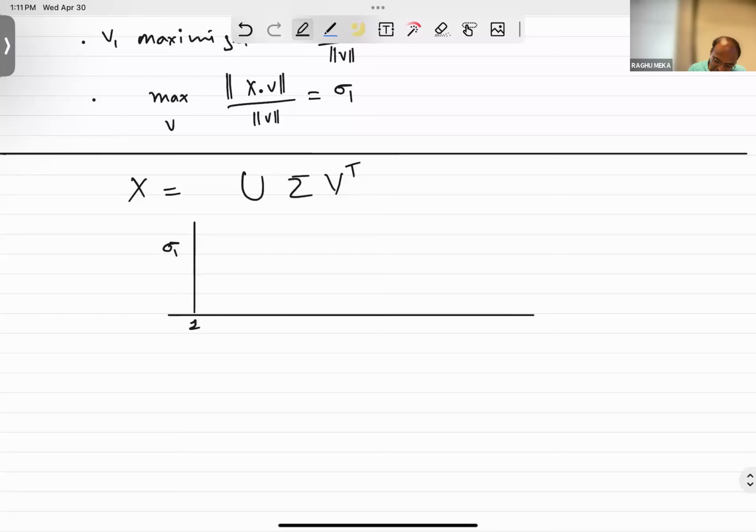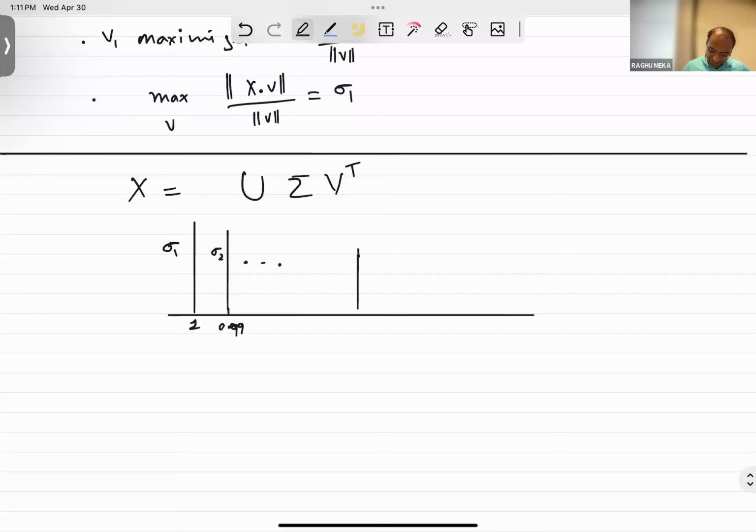Let's say the next one is also very close to 1, like 0.99. Then I might not get V1 itself. I might get something like V2, unless my epsilon is very, very small. Both seem very good, right? So this is sigma 2 and so on. They keep on decreasing.